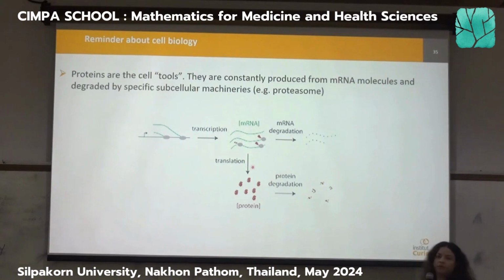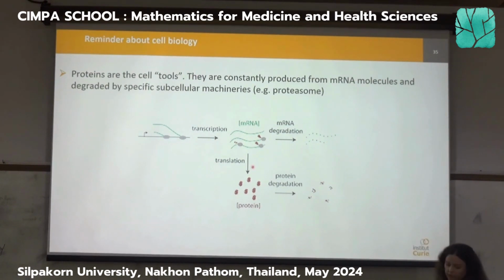And the second thing I wanted to make sure that everybody gets is the way that proteins are created. Proteins are like the tools of the cell. If the cell wants to have some particular activity, it will require proteins to do so.